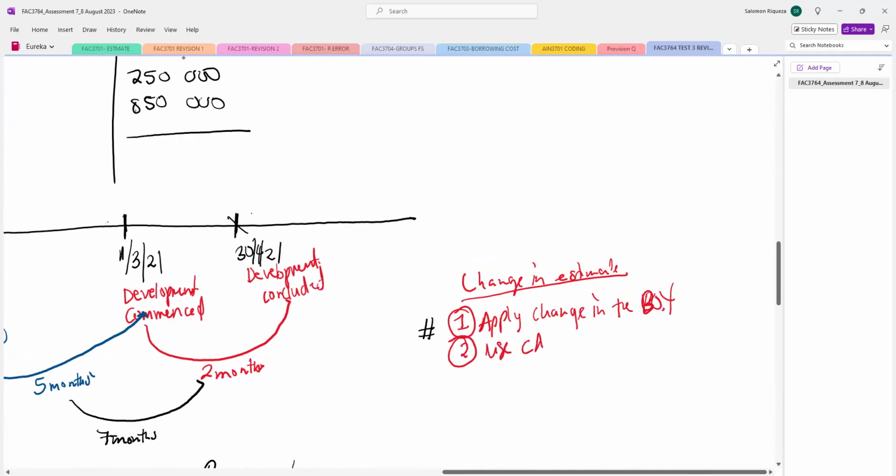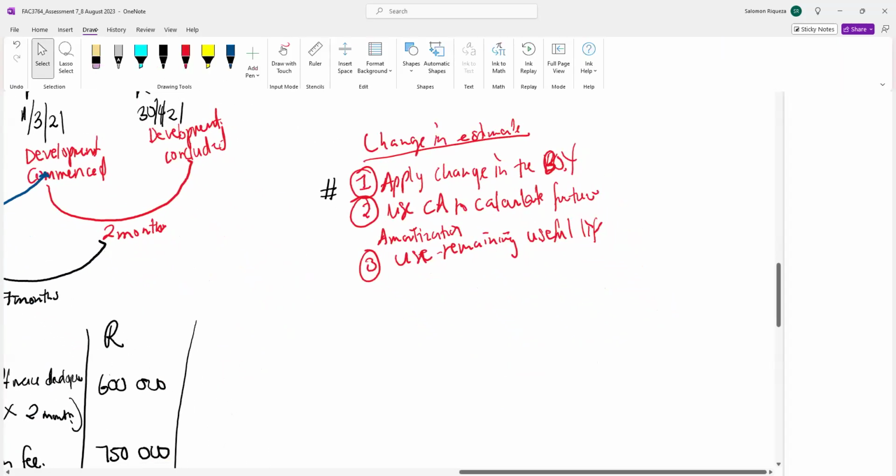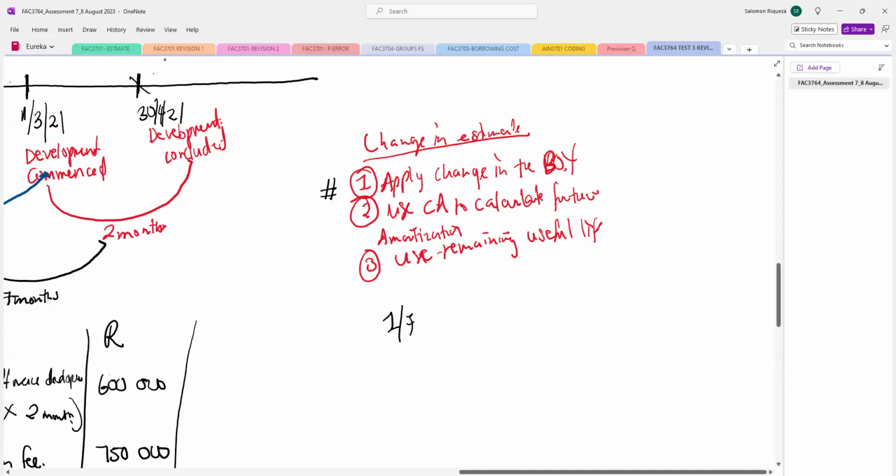Use carrying amount to calculate further, in this case, amortization. And you should use remaining useful life. Right, so in this situation, on 1 July 2019 they purchased this for 4.5 million and the useful life was 6 years.